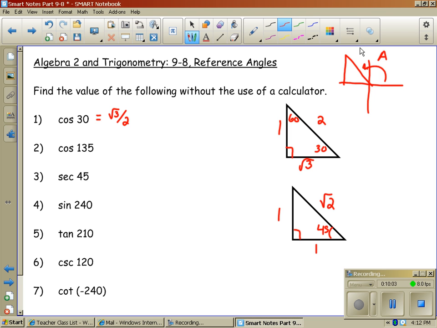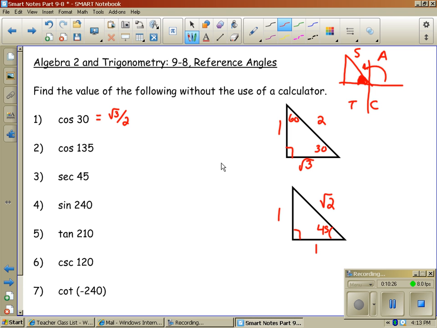Remember, all students take calculus? What's the reference angle for 135? What's this angle? If this is 135, all the way over is 180. 180 minus 135, this angle is 45.